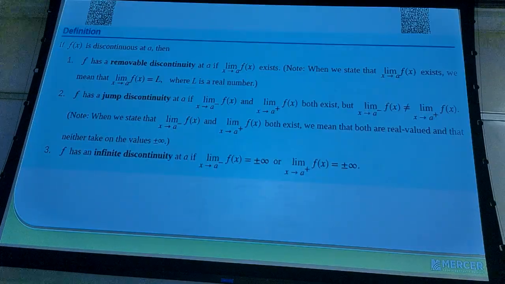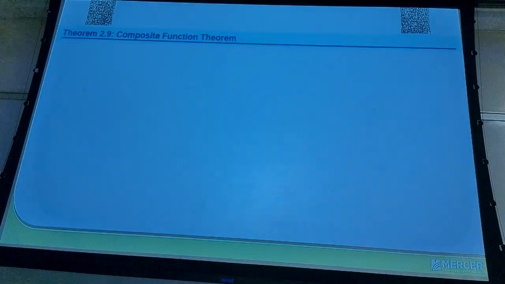Here's the big one. The composite function theorem.